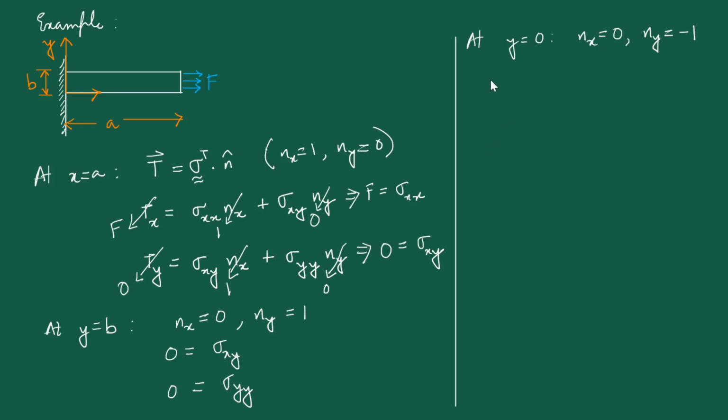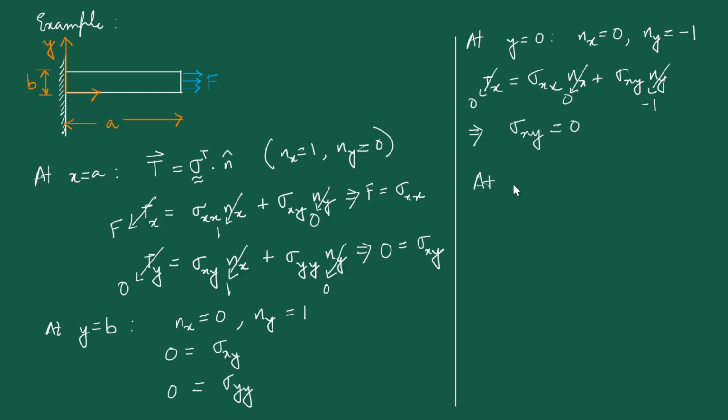Let's do this a little more systematically compared to y equal to b. We again have Tx equal to sigma xx nx plus sigma xy ny. Tx is 0, so also is Ty. nx is 0 and ny is -1. It doesn't really make a difference because Tx happens to be 0, so we end up with sigma xy equal to 0.